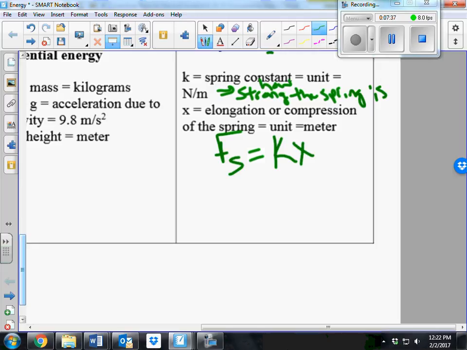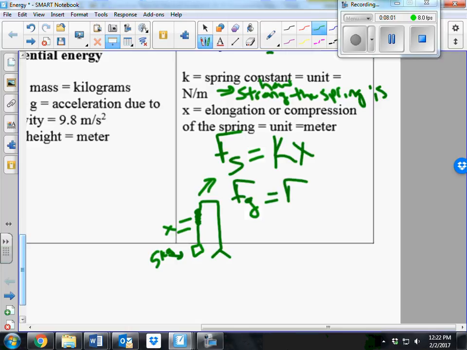So sometimes, and I can easily find this, if I hang a mass off the spring, so like here I draw a little stand, and here's my spring, and then I hang a mass off the end, I can actually measure the x. I know this mass, let's say it's 5 kilograms, so in some cases the force of gravity, in this case in particular, will equal the force due to the spring, which equals kx.